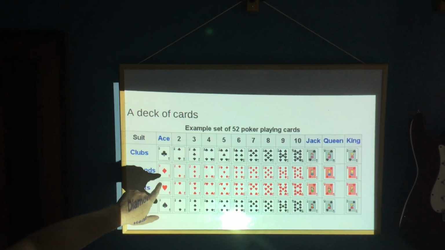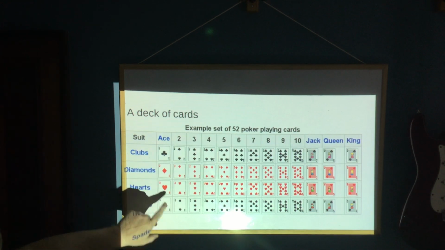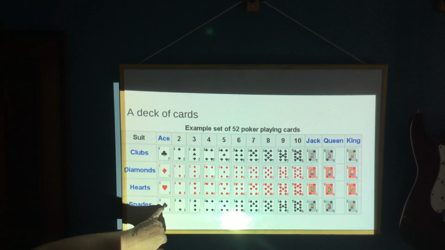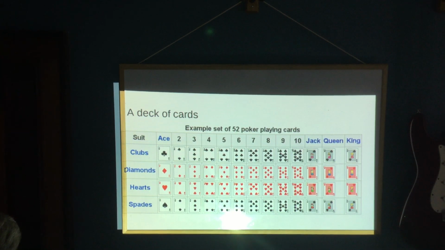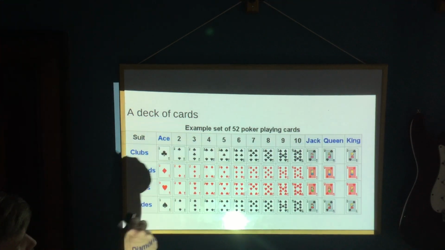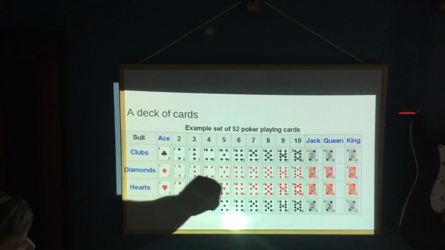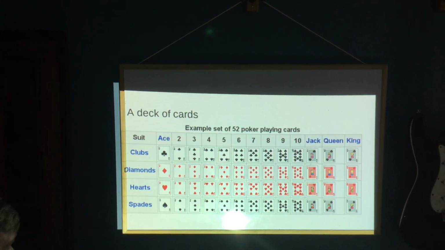Diamonds, which look like a diamond. Hearts, which look like a heart, and spades, which kind of looks like a shovel spade, or an upside down heart with a stem in it. All right, so there's 4 suits, and every suit has an ace through king, and that's the order in which they go. So you might have to reference this if you're not really familiar with the deck of cards.